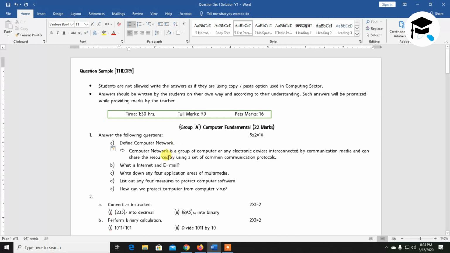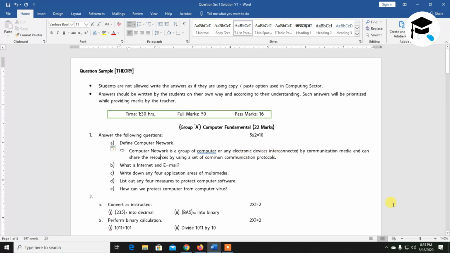Resources means, for example, in one computer there is a folder named education, and if you try to access that folder from another computer, then such files, folders or documents are said to be resources. So what can be done within a network? You can share the resources by using a set of common communication protocols.